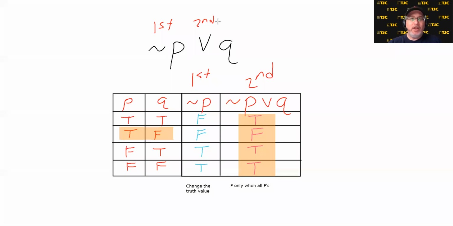Now, this is a side note, and you don't have to make these observations every time you complete a truth table. But I'm making this observation because it's something that we're going to follow up on in a future video.